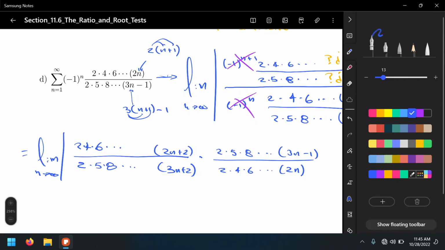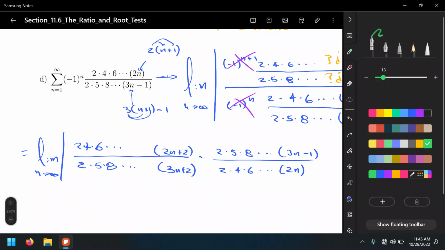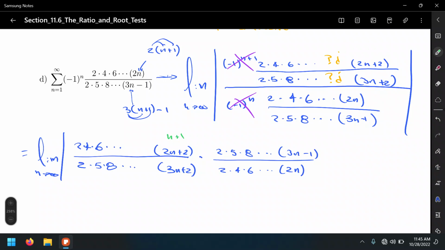However, check this out. I can't factor 2, 4, 6, 2n plus 2 with 2, 4, 6, 2n because those do not comprise the same chunk. The chunk in the numerator ends at 2n plus 2 while the chunk in the denominator ends in 2n. So let's call this the n plus 1 term; this 2n plus 2 came from doing the n plus 1 term.